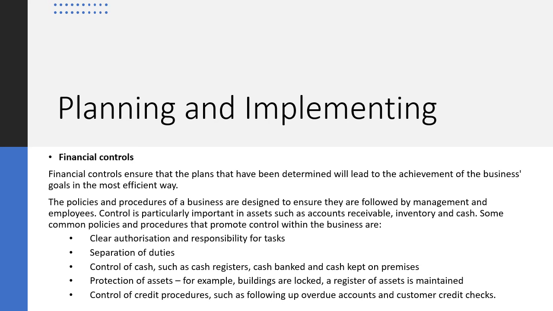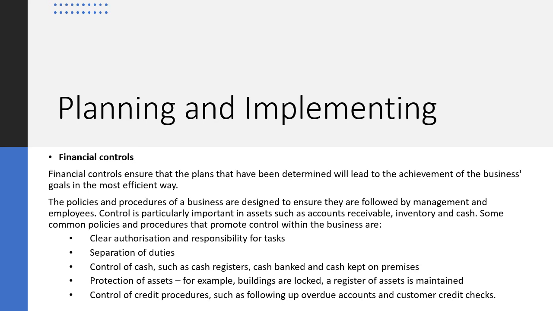Some common policies and procedures that promote control would be clear authorization and responsibility for tasks, separation of duties, control of cash, such as cash registers, cash banked and cash kept on premises, protection of assets, for example, locking your buildings, a register of all your assets, and control of credit procedures, such as following up overdue accounts and customer credit checks.